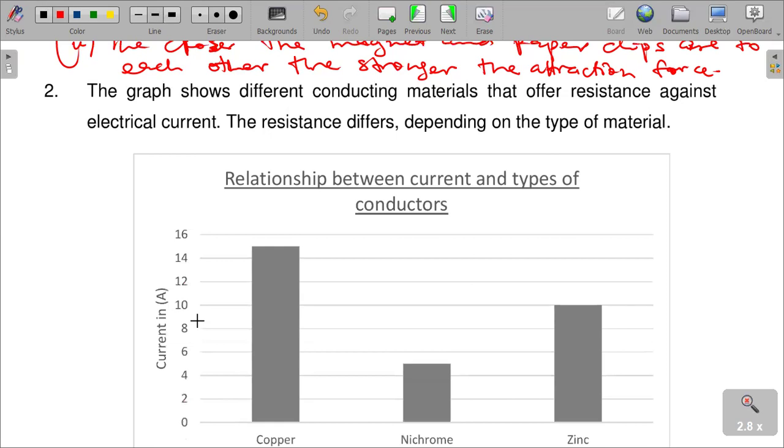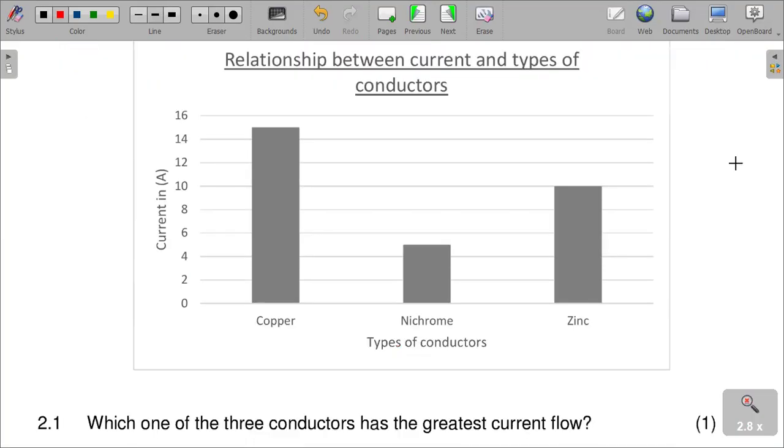And then we have got the next question, which is the graph showing different conducting materials that offer resistance against electrical current. The resistance differs depending on the type of material. The relationship between current and types of conductors: we have got copper, nickel, and zinc as types of conductors there.